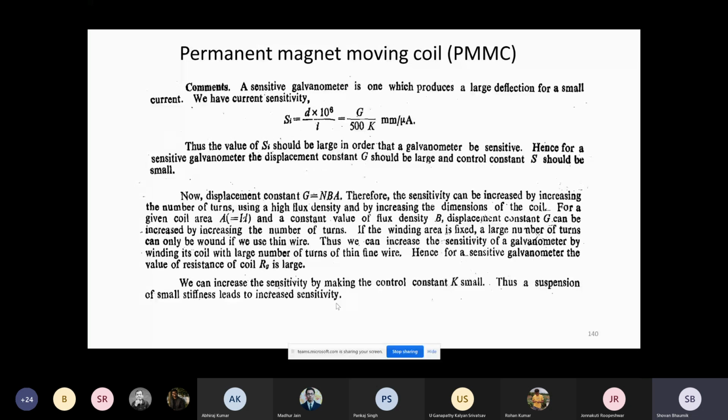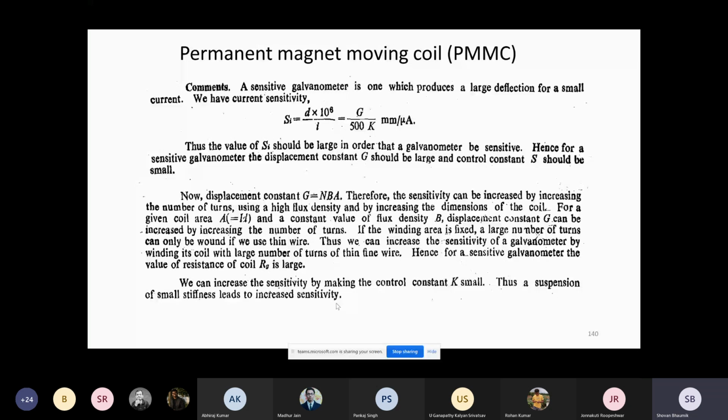So if you want to increase G, you need to increase the former area, increase the number of turns, and increase the magnetic strength. If you can increase those, your sensitivity will increase, and on the other hand, if you decrease the spring constant, your sensitivity will increase.